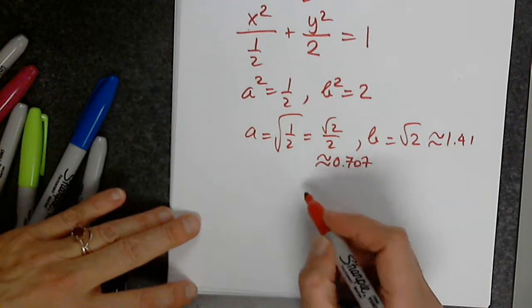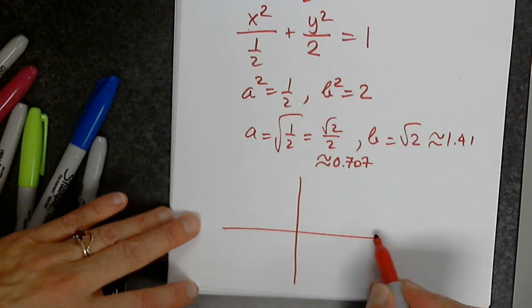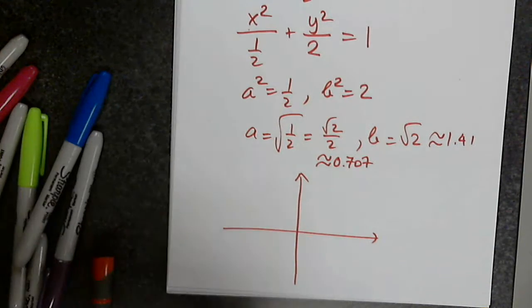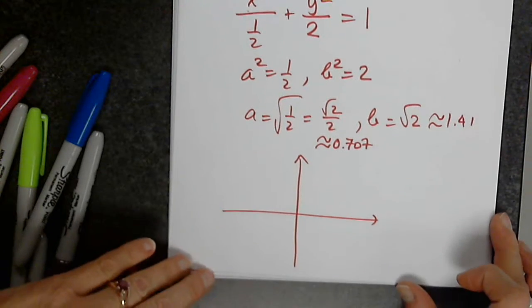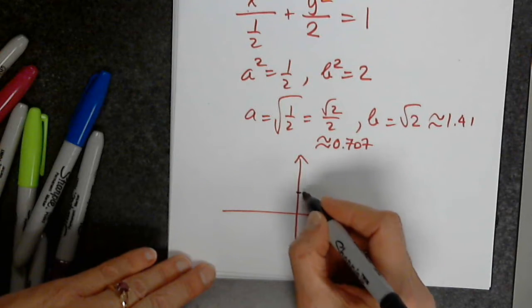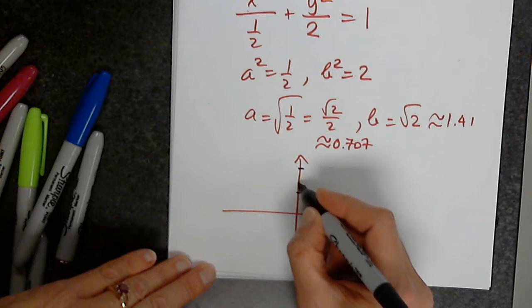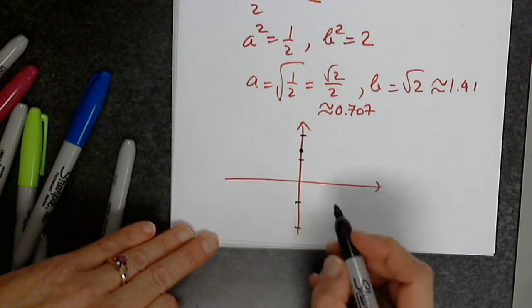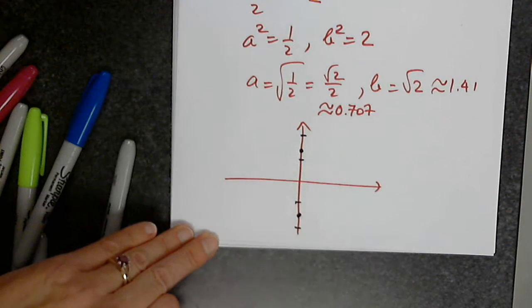So if we go ahead and graph the ellipse, so if this is 1 and this is 2, 1.4 is here. If this is 1 and this is 2, negative 1.4 is here.